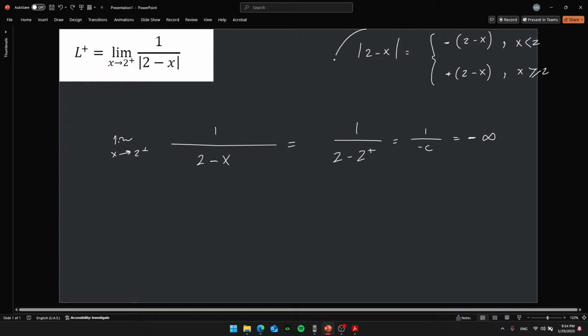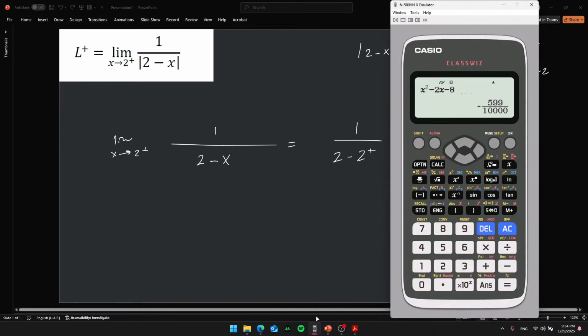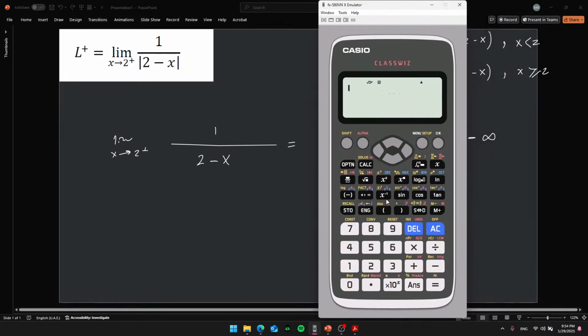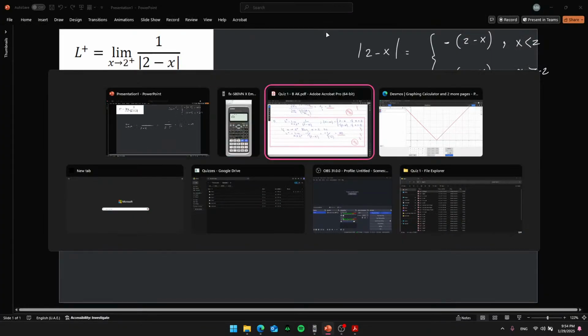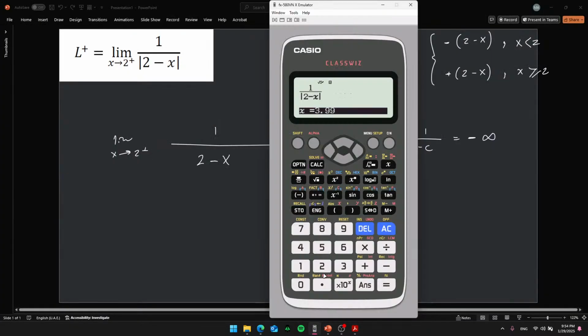Yeah. It should be like this. But for the final answer, I don't know. Maybe he's right. Let's see. 2 minus x. Wait, x greater than, yep. Calc 2.001.